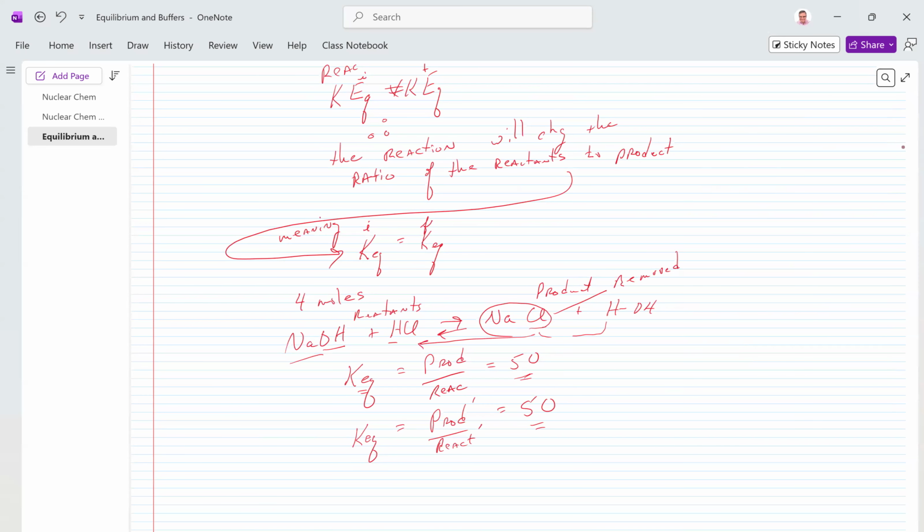Okay, now to maintain the KEQ, things have to happen. What's going to happen is, how do we get more sodium chloride on the right here? Well, that's by reacting more of the sodium hydroxide and HCl. That'll regenerate the sodium chloride after it's been removed, because we need to maintain the ratio. So you can add stuff, take away, and the reaction will shift back and forth to maintain that KEQ ratio.